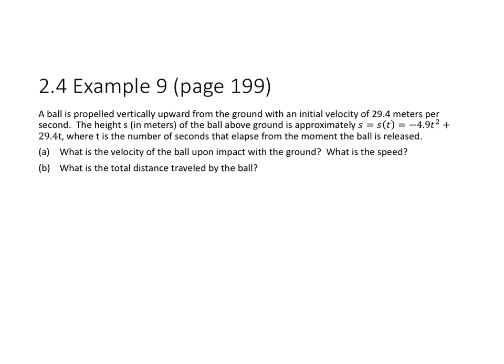A couple more parts to this problem. We have part F and part G. What is the velocity upon impact with the ground, and what is the speed? So I know the velocity is negative 9.8 t plus 29.4.